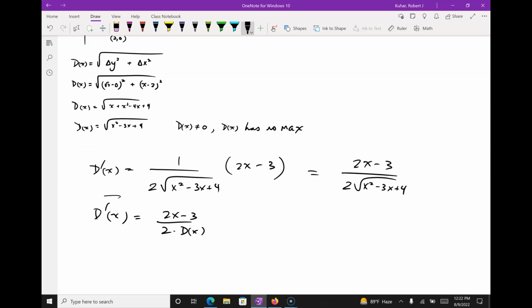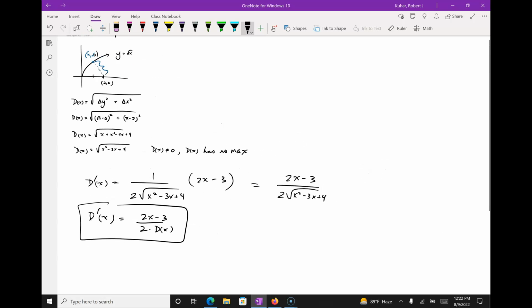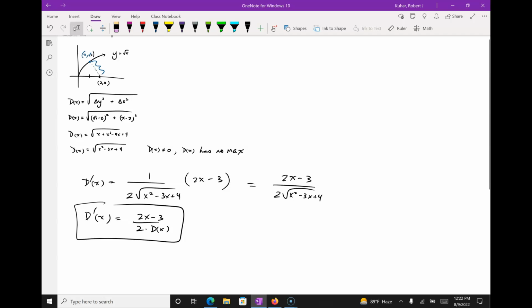And of course, whenever I can, I like to write the derivative referencing the original function, if possible. How do we go? We do all right there? So we need a critical value.